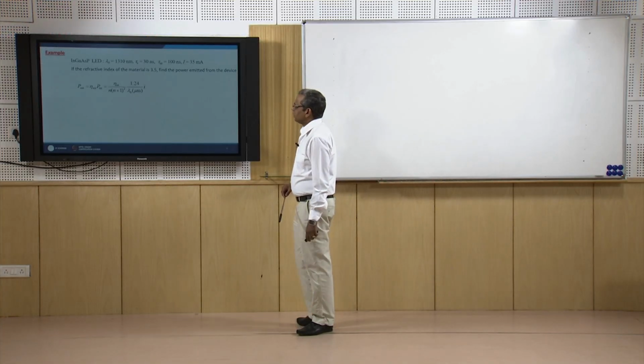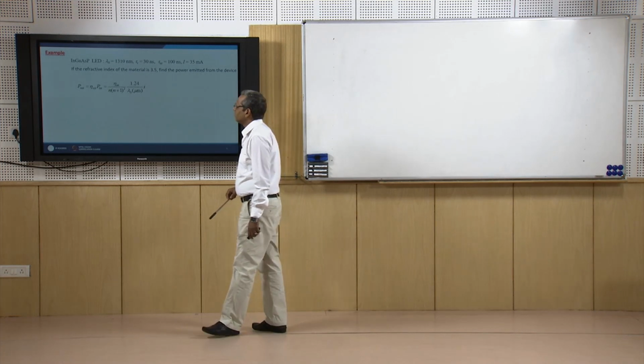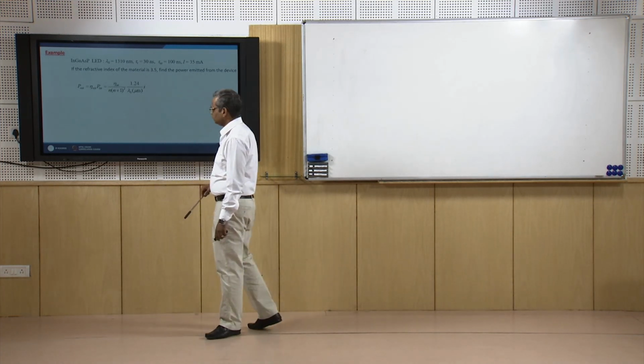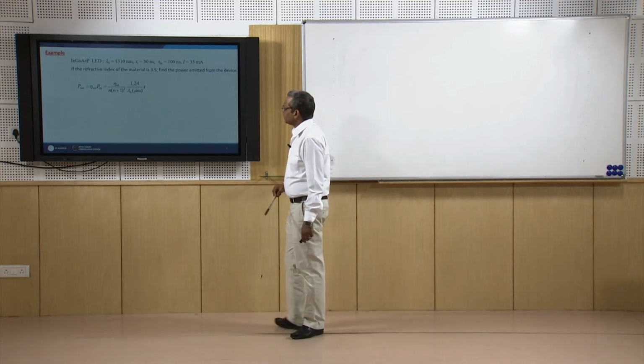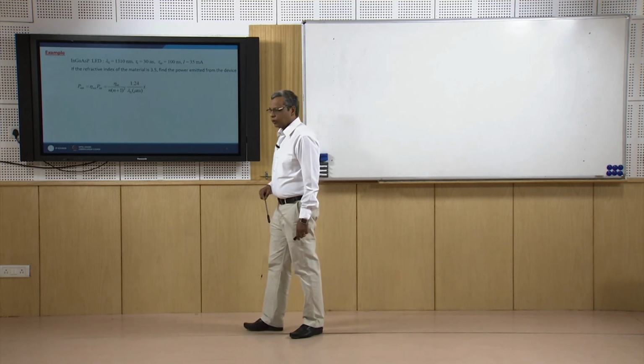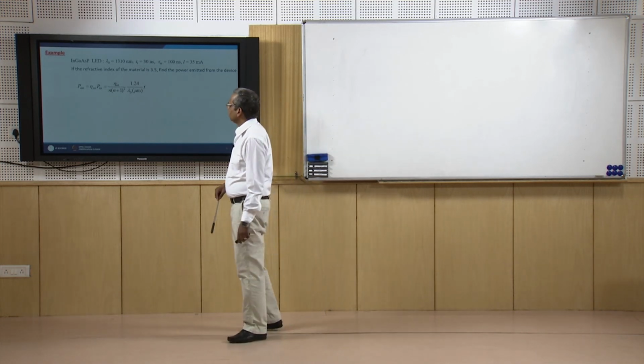Let us work out an example. If I have an indium gallium arsenide phosphide LED which gives me light of wavelength 1310 nanometer.